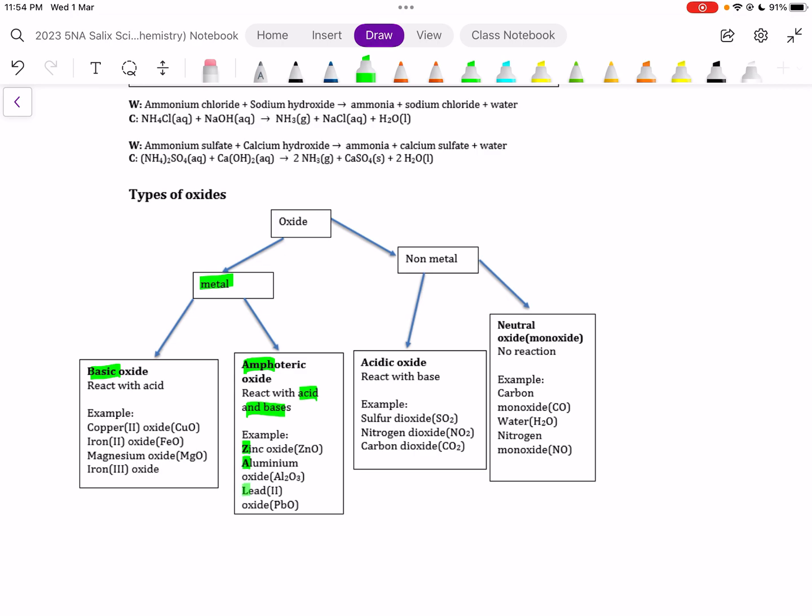There are 3 of them: ZAL, or ZAB if you are using a formula. The rest of the metal oxides are all basic oxides, including copper 2 oxide, iron 2 oxide and so on. As for the non-metals, you have the acidic as well as the neutral. Neutral oxides are monoxides. Acidic ones are a lot: they are either non-metal dioxide, trioxide, or sometimes weird things like P2O5, which is also considered an acidic oxide.